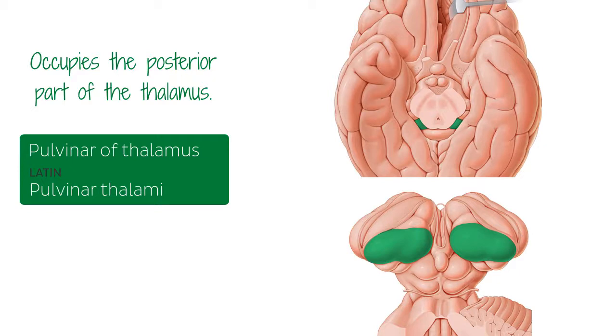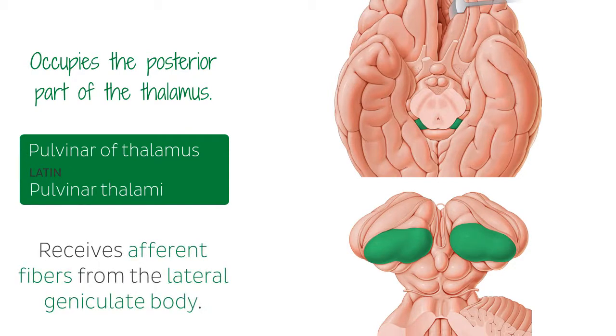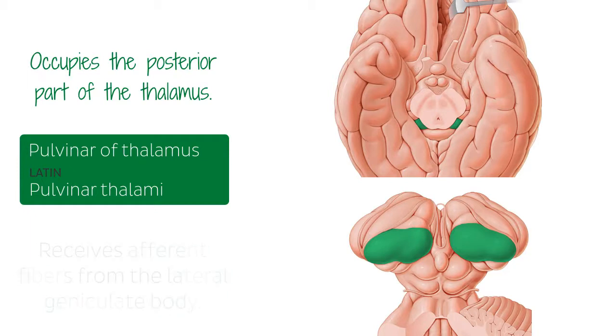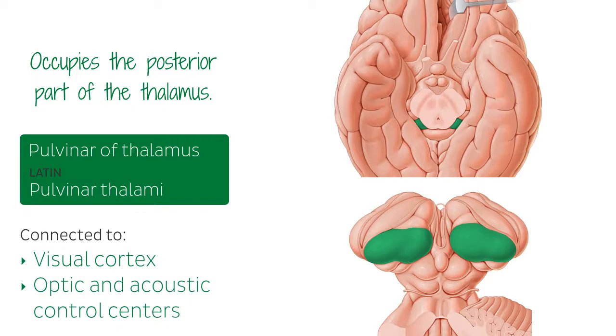It makes reciprocal fiber connections with the parietal and temporal lobes. It also receives afferent fibers from the lateral geniculate body and possibly from the medial geniculate body as well. The pulvinar is connected to the visual cortex as well as the optic and acoustic control centers.